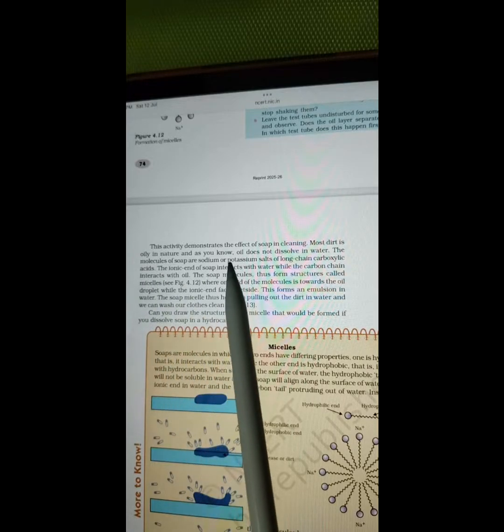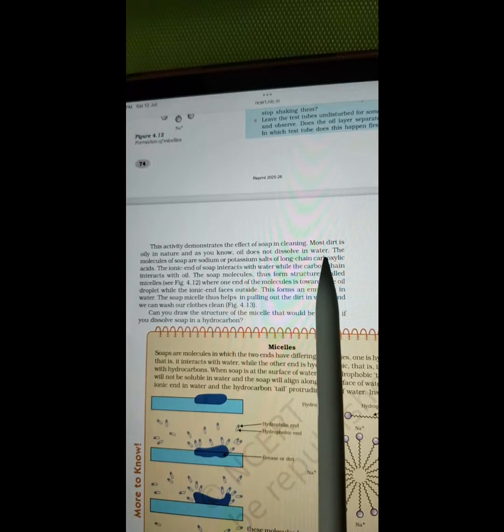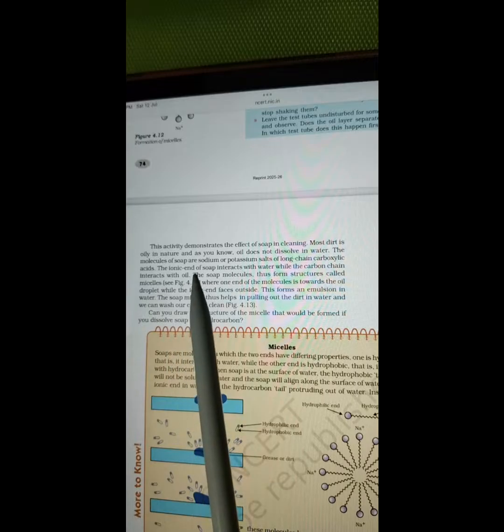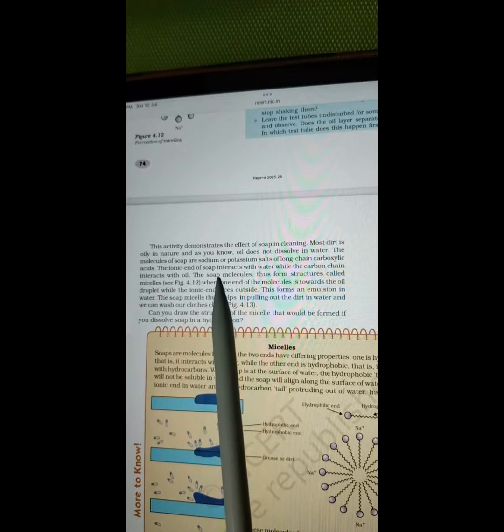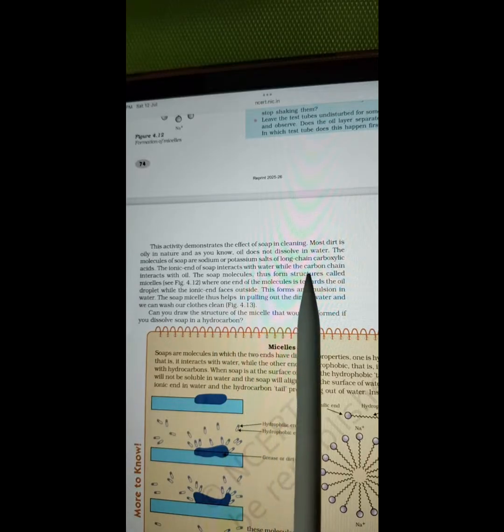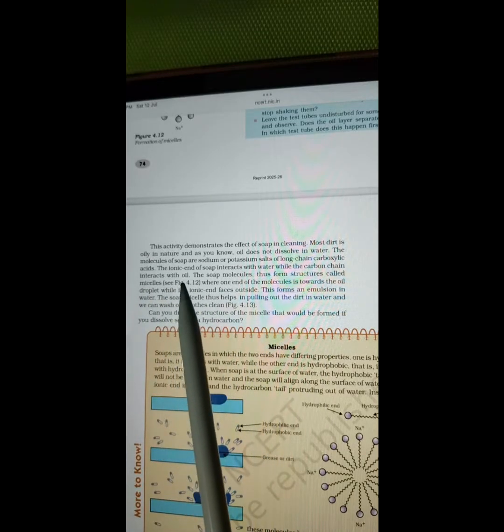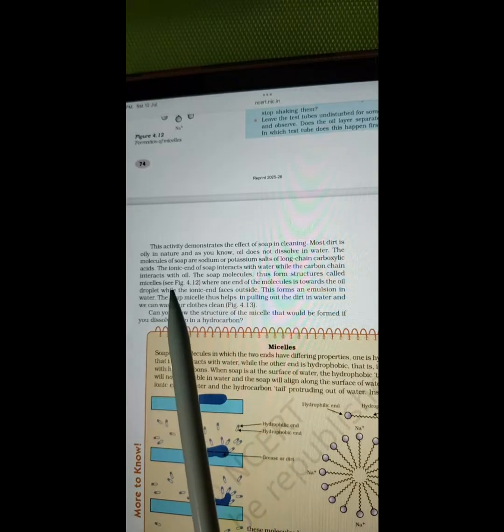This activity demonstrates the effect of soap in cleaning. Most dirt is oily in nature, and as you know, oil does not dissolve in water. The molecules of soap are sodium or potassium salts of long chain carboxylic acids. The ionic end of soap interacts with water, while the carbon chain interacts with oil.